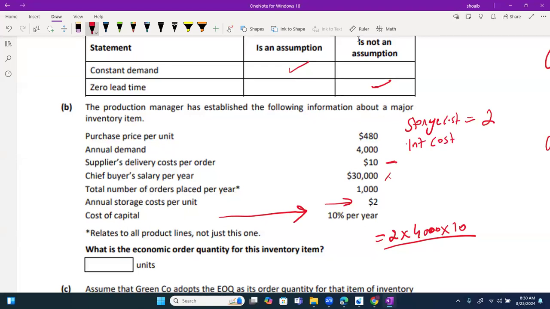You will always calculate interest cost on the purchase price, and it should be annual because holding cost per unit is annual. It is total 50. 50 is the holding cost per unit.